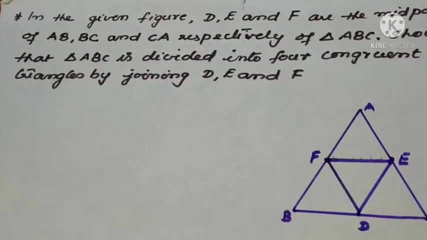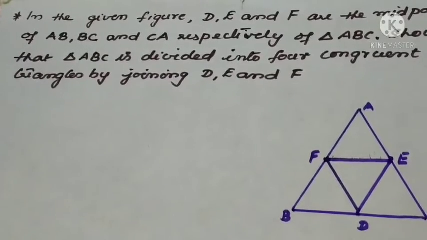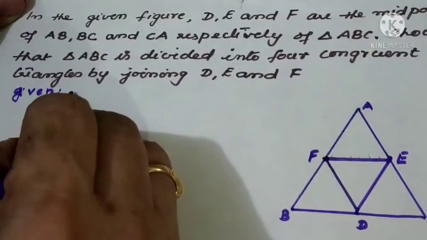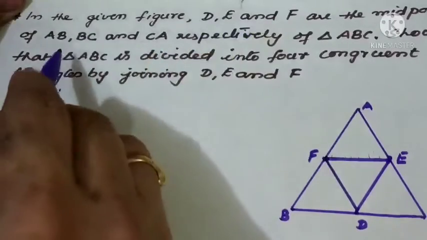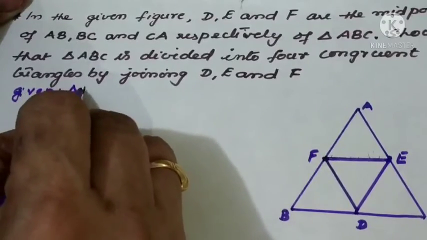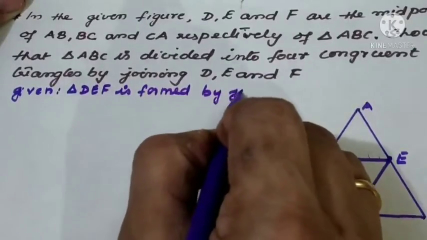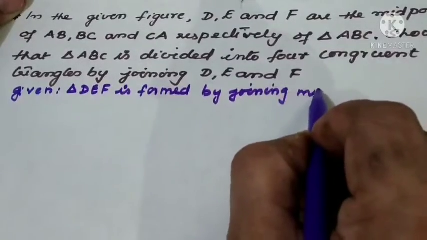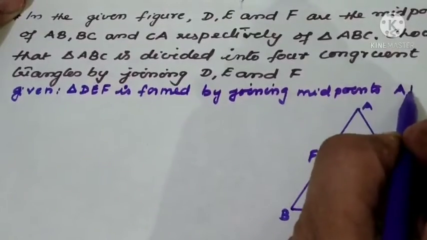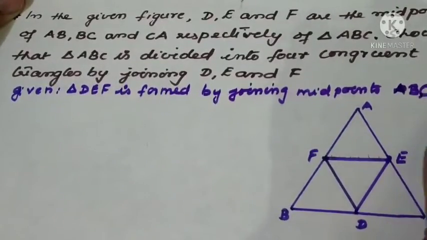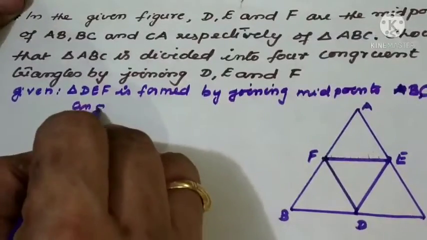Show that triangle ABC is divided into 4 congruent triangles by joining D, E and F. Given: triangle DEF is formed by joining the midpoints of BC, CA and AB respectively.